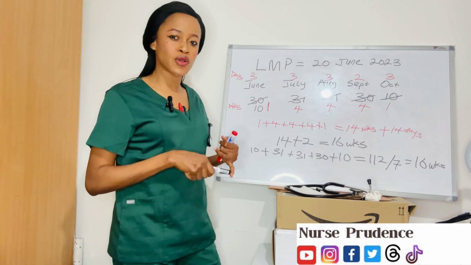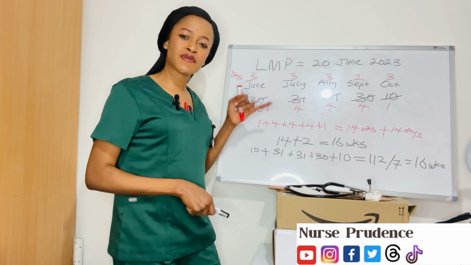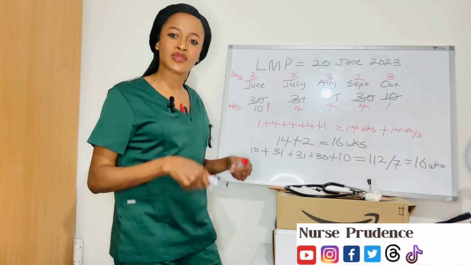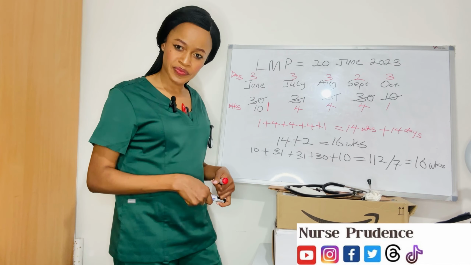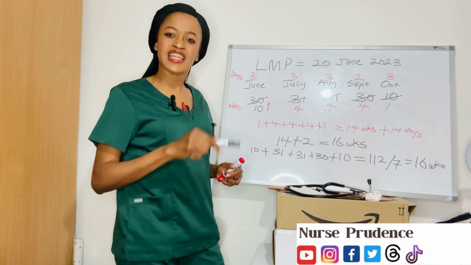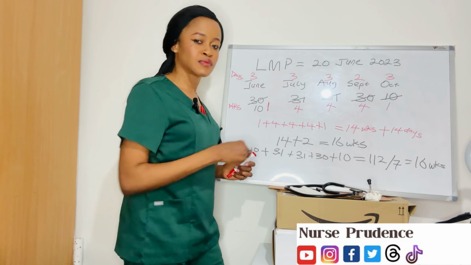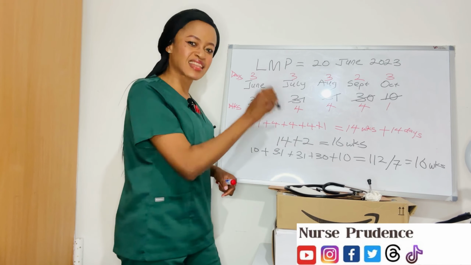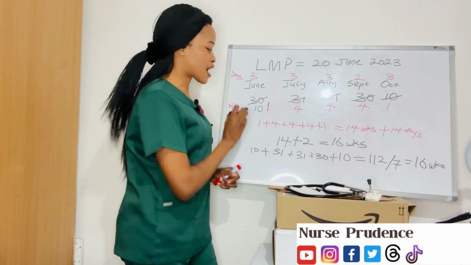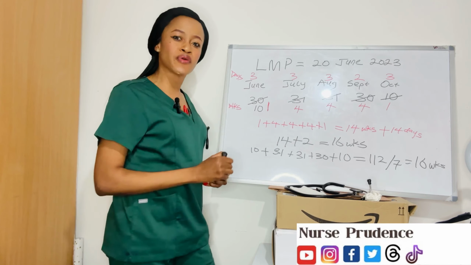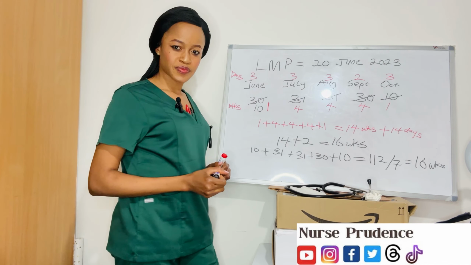Starting from that day or the month till the day you want to calculate your gestational age, you write it down and write down the number of days in each month you have written down. Then you now know how many weeks are there in each month. Calculate the number of the weeks and the number of the days. That will give you your gestational age.